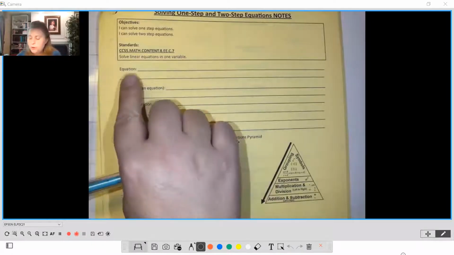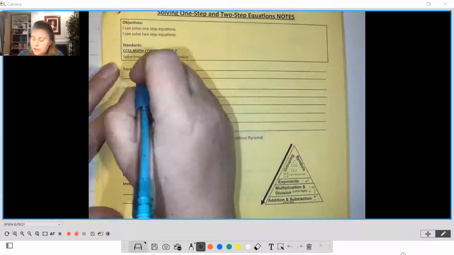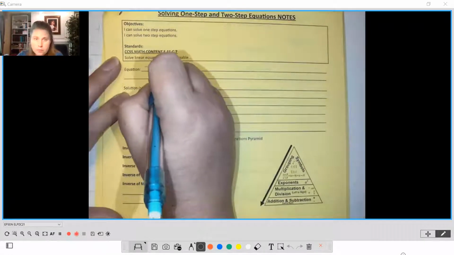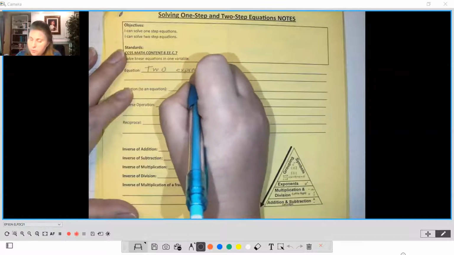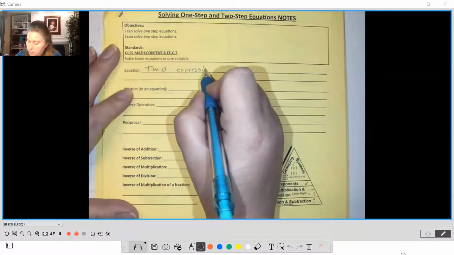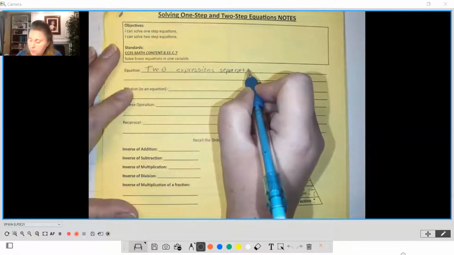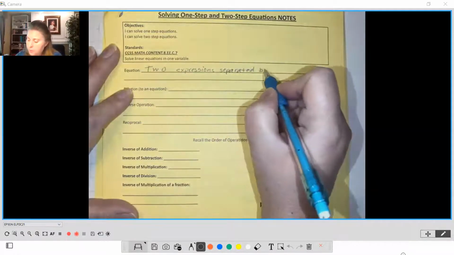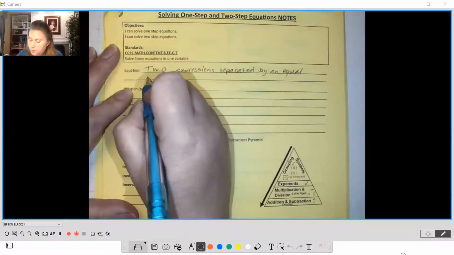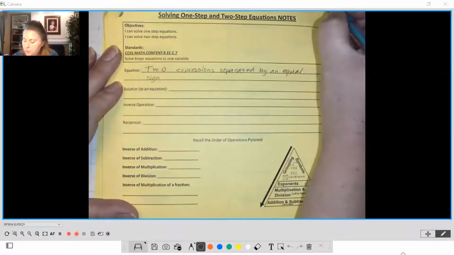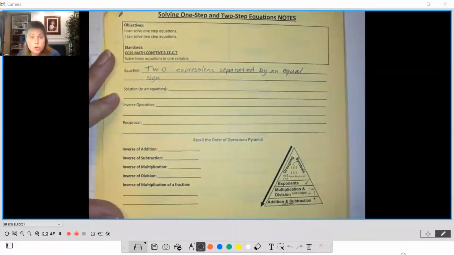So first of all, we want to identify an equation that is two expressions separated by an equal sign. Okay, a solution is a value that makes the equation true.